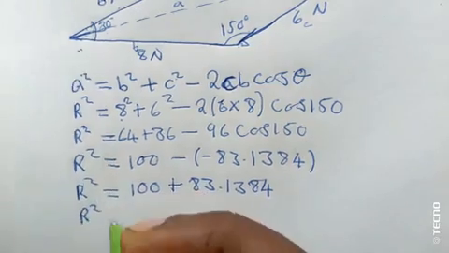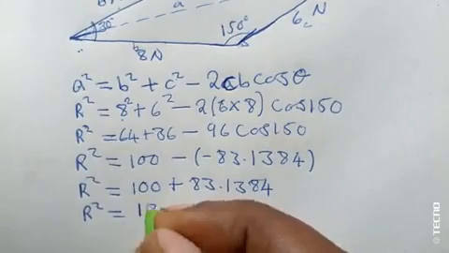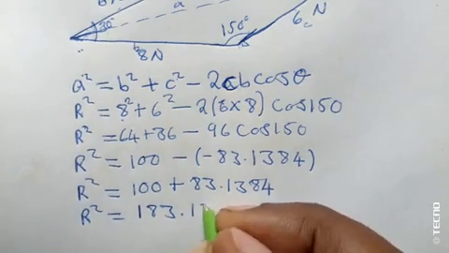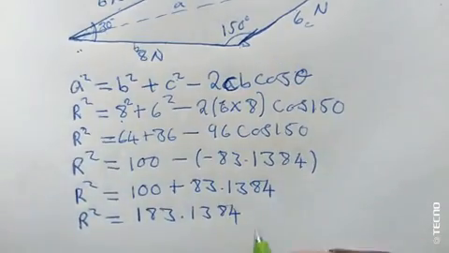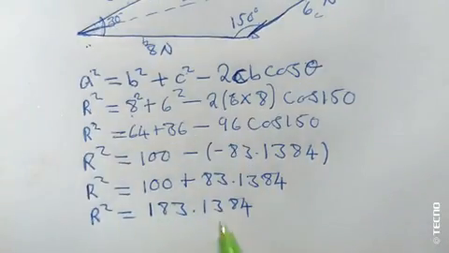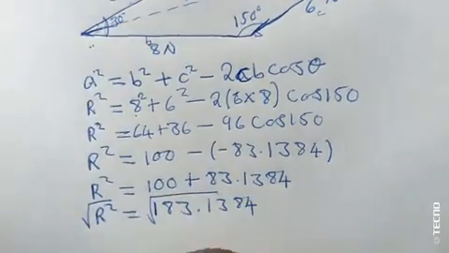So r squared is equal to, once you add, you are going to have 183.1384. This is what I'm getting. So here you introduce the square root, even this side square root.